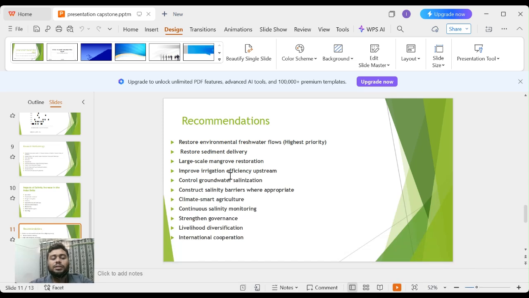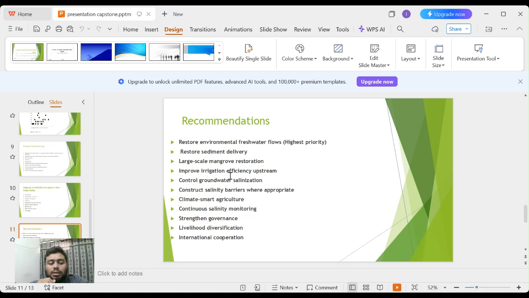The sixth one is constructing tidal barriers where appropriate. So we have to install tidal regulators and regulator fences, constructing small tidal control barriers only after environmental impact assessment. So reinforce natural levees, that will benefit in reducing the inland salinity intrusion and protecting agriculture land.